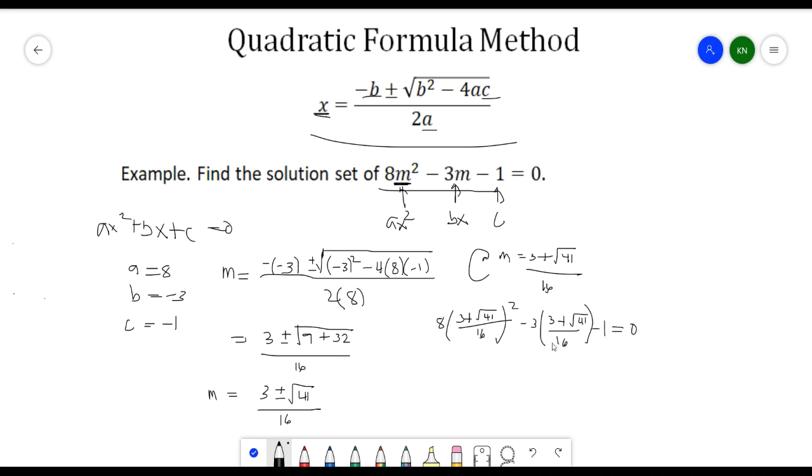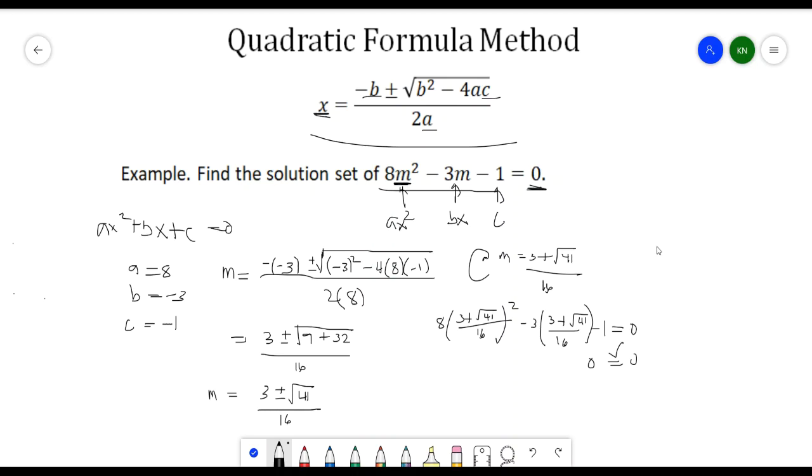If you calculate this one, this should be equivalent to 0, since the right hand side of the equation is 0. Since I already pre-calculated this earlier, this is equivalent to 0. So meaning to say, this root here is one of the solution set of our equation.